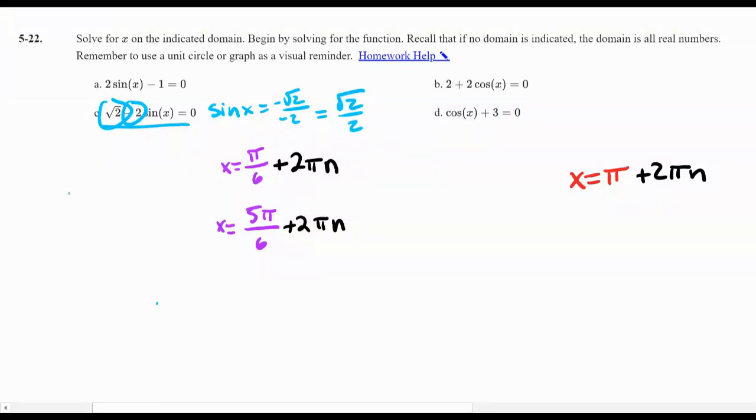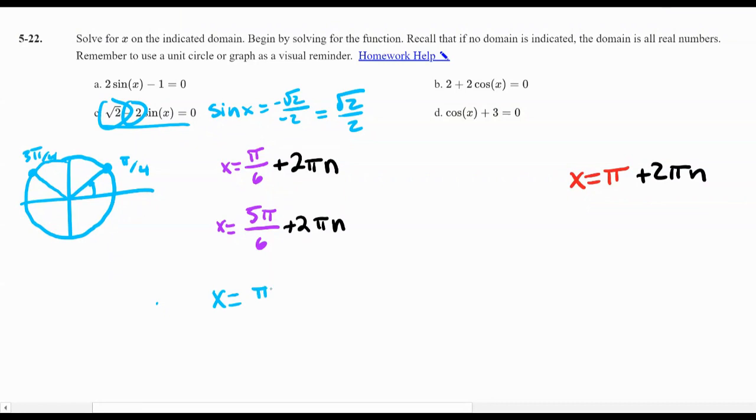On a unit circle, there are 2 spots where the y value is root 2 over 2, and that is at the angle pi over 4 and 3 pi over 4. So in this one, for C, x equals pi over 4 and x equals 3 pi over 4. And because we're dealing with all real numbers, we're going to do plus 2 pi n.